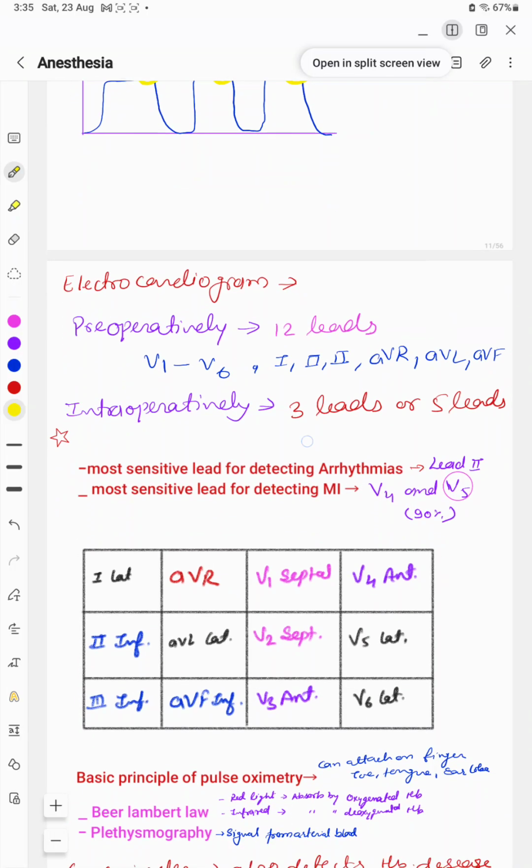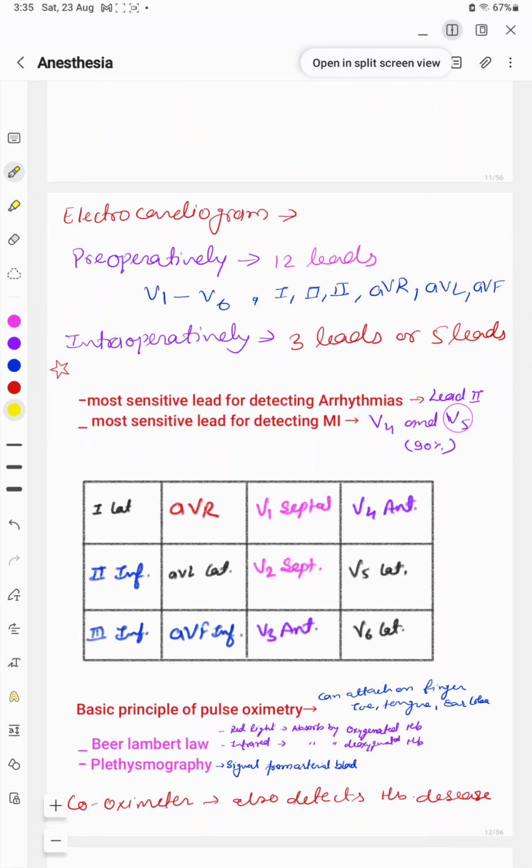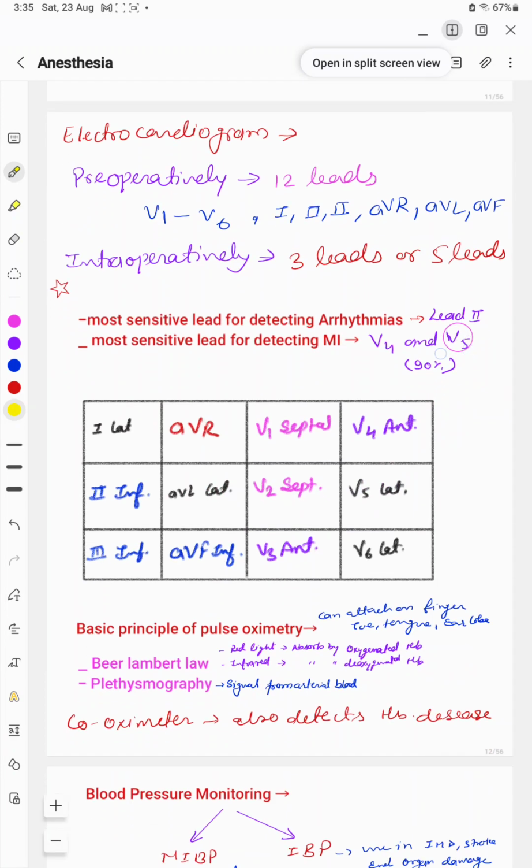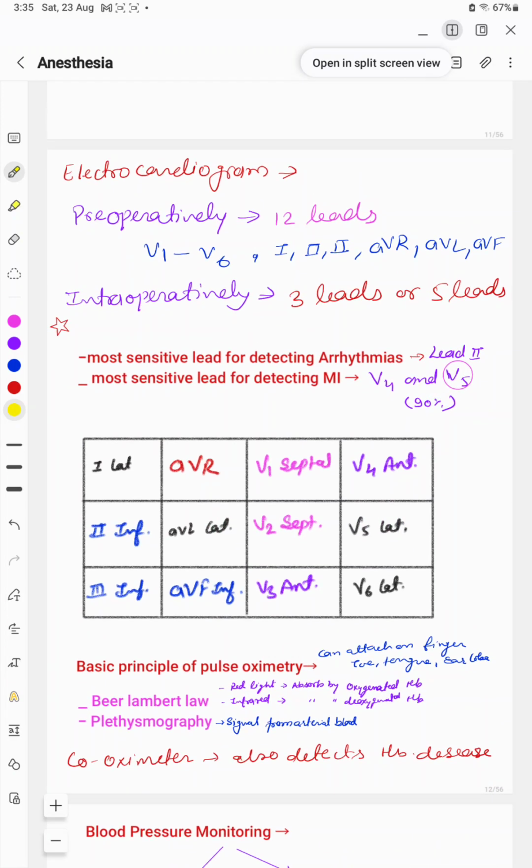Now electrocardiogram. You will also read this in medicine, but here for anesthesia, whoever is doing anesthesia needs to monitor ECG during the whole surgery, so this is also important.